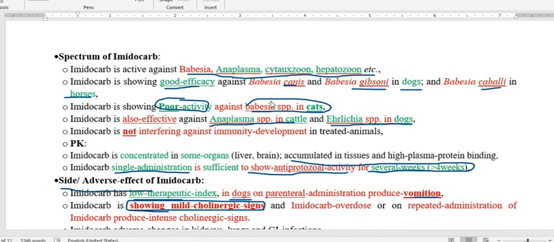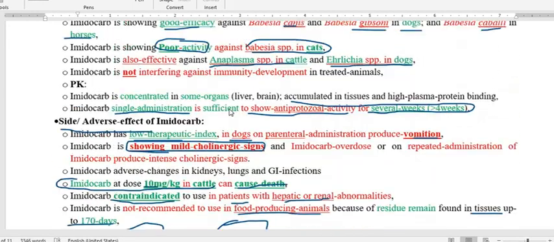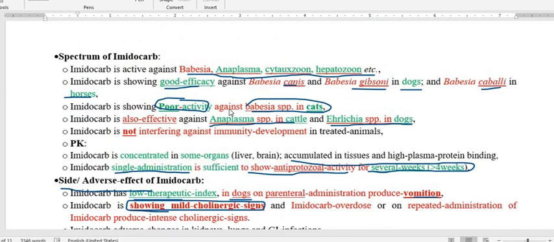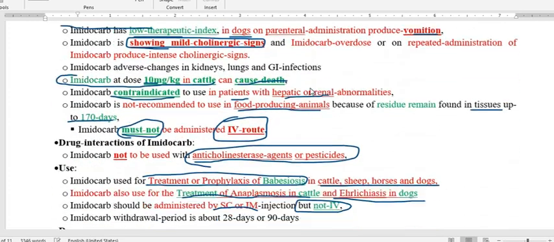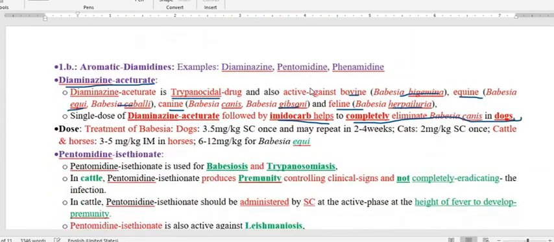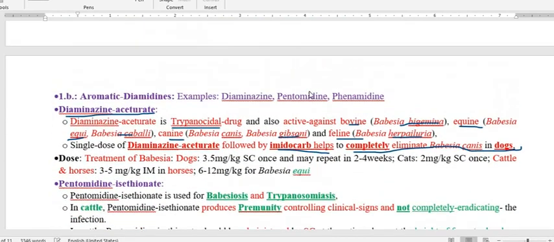Imidocarb is showing poor activity against the dog Babesia. No, Babesia canis, imidocarb is showing good efficacy against Babesia canis.